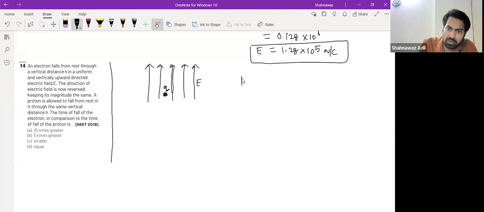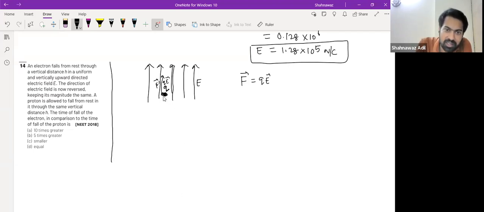We know that force is Q into E. So the force on this charge would be in the direction of the electric field, and that would be QE. Rabia, now you remember? Okay, no worries.